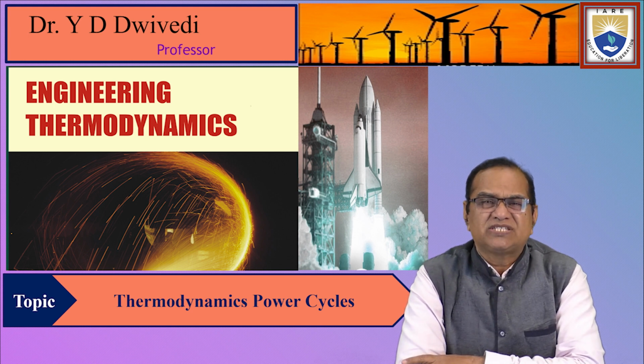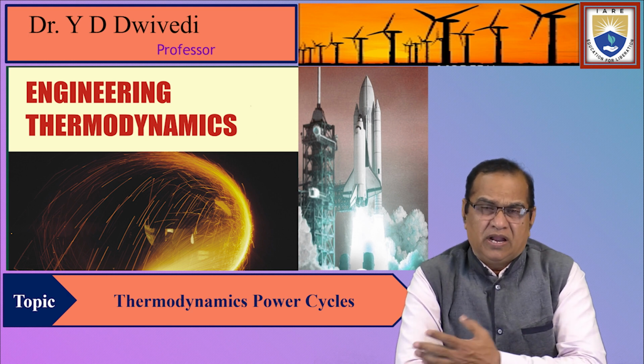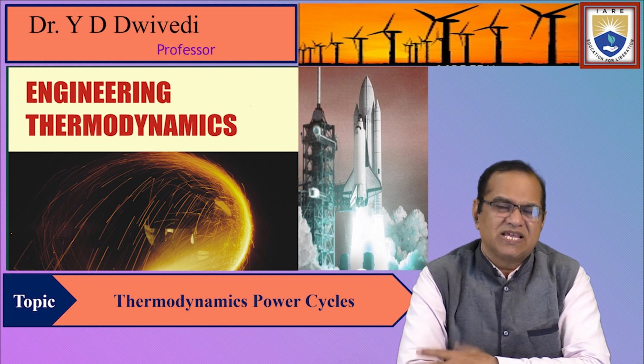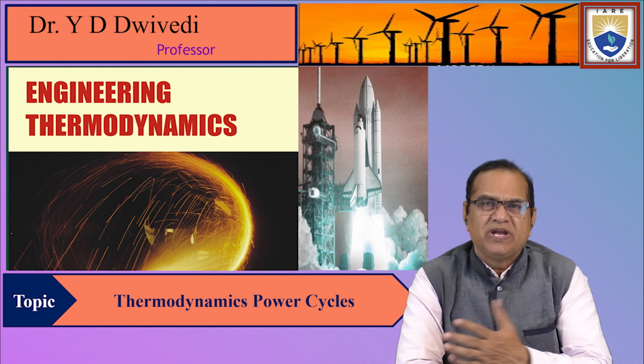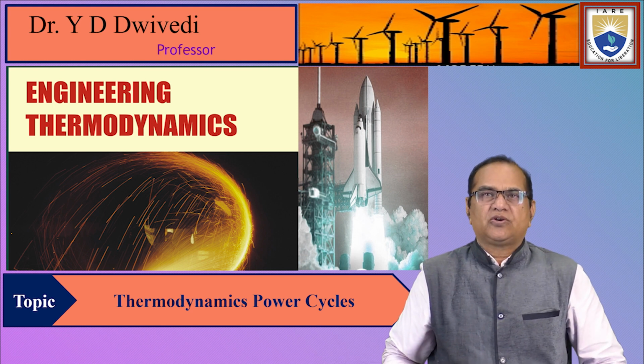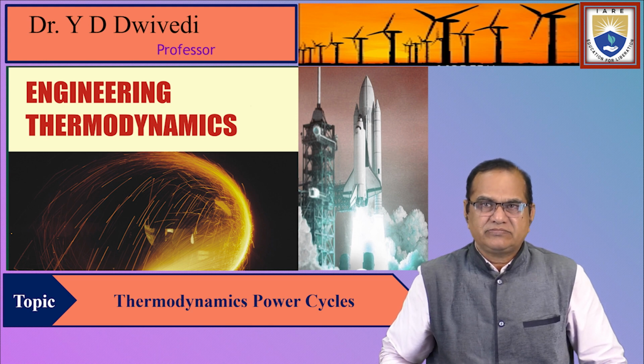We will also be discussing a number of numericals on the Otto cycle, diesel cycle and some other cycles, and I hope this will be very useful for all the students who want to learn the thermodynamic cycles.